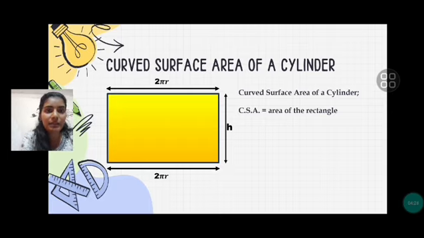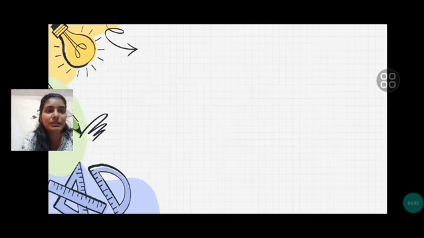To find the area of a rectangle, we have the formula length into breadth. Here the length is 2 pi r and the breadth is h. So the curved surface area of a cylinder is 2 pi r h square units. Okay, so we got the formula for curved surface area of a cylinder, which is 2 pi r h square units. Now what about the total surface area?